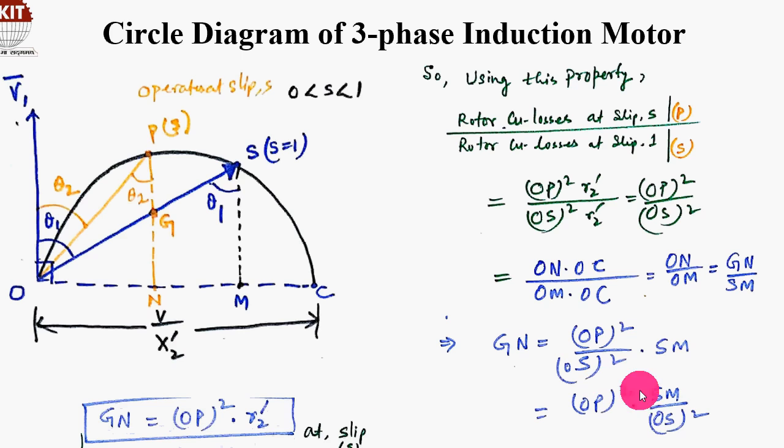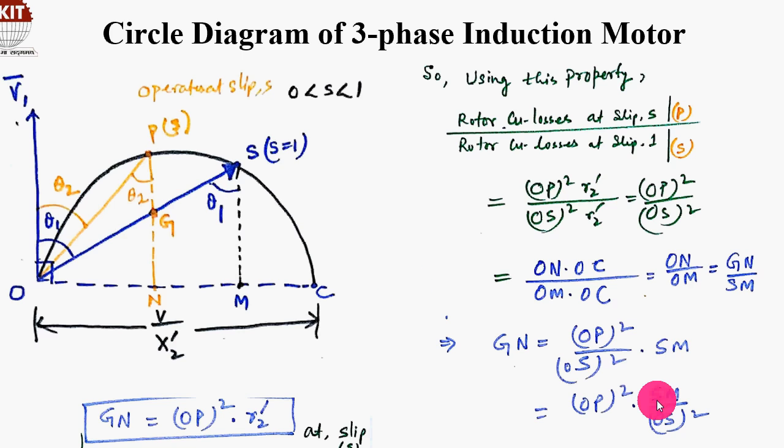Now what is this part? Look at this carefully, SM upon OS square. When the motor is at standstill condition, this is the current square, that is OS square, and this part, that is SM, represents the copper losses at that time. So what is the copper loss? It is OS square times R2 dash.